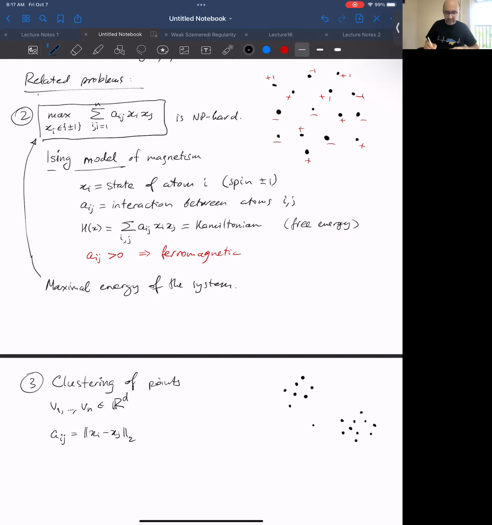Pairwise distances, just like in the Johnson-Lindenstrauss lemma. Now what do we want when we cluster the points? First of all, what does a cluster even mean mathematically? We know all these distances. We just don't know which point belongs to which cluster, but we know all these pairwise distances.